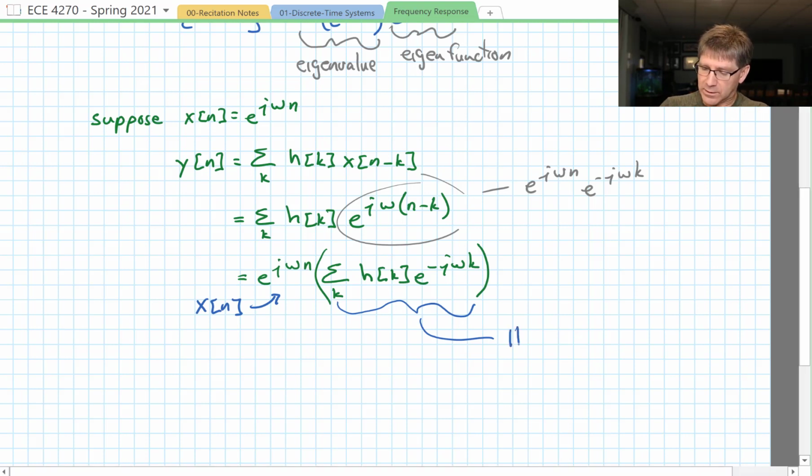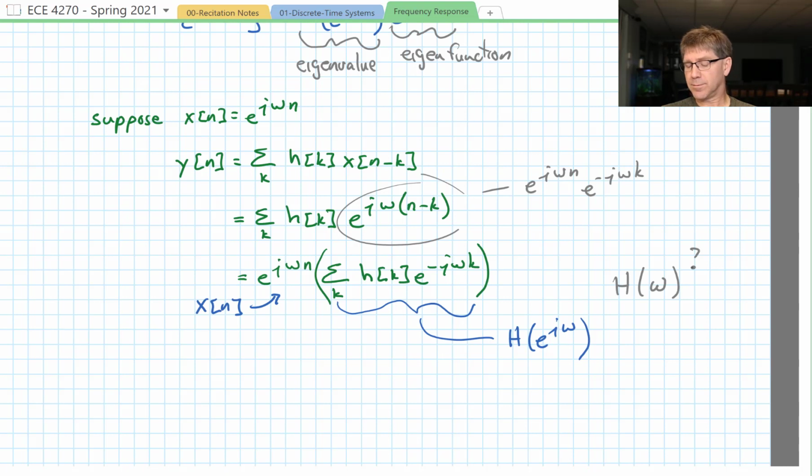We can call this then. Now, really, one question is, why not H(ω)? That's a good question. Some textbooks do use that notation. The textbook that we're using uses the notation you see down below, and it's fairly common.